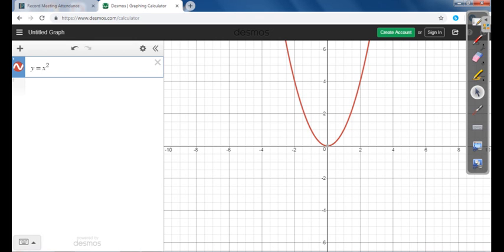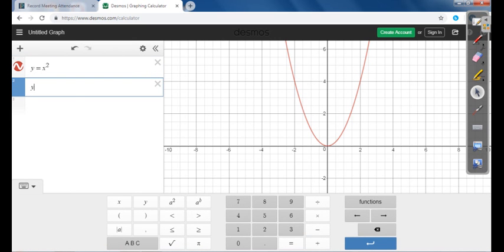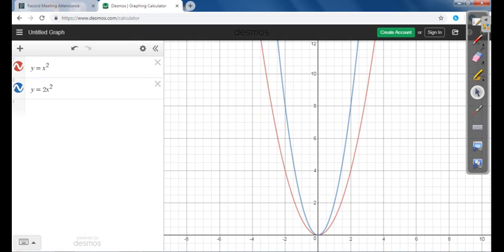And so on. Okay. So the next graph that I'm going to graph, eyes on the board, please, is y equals 2x squared. So what did you notice about the graph? So here's your original graph, which is the red one. And here's the blue one.